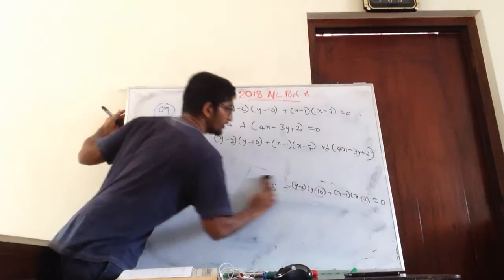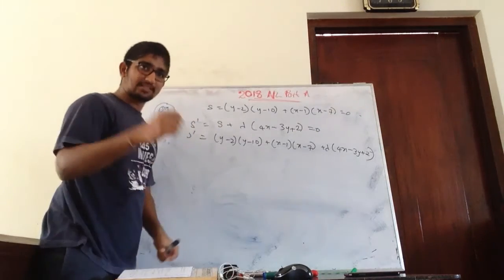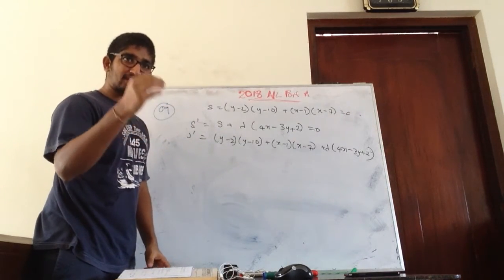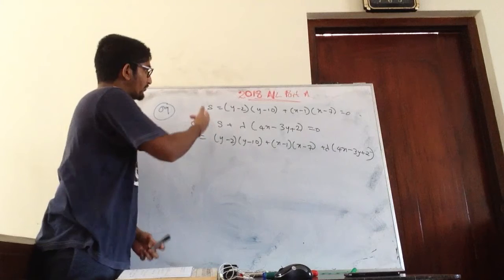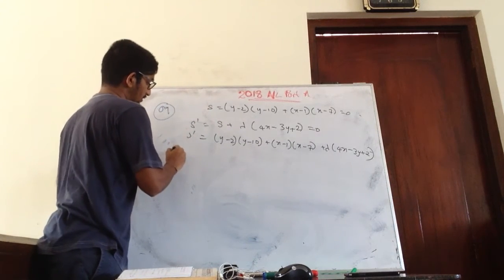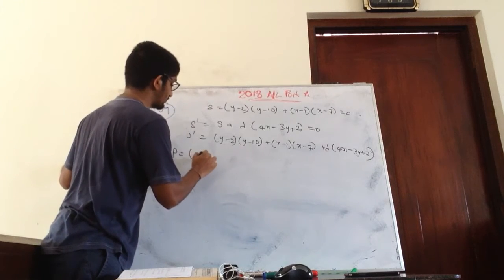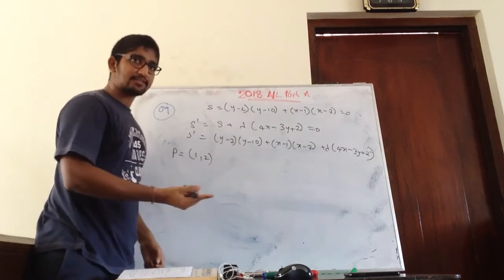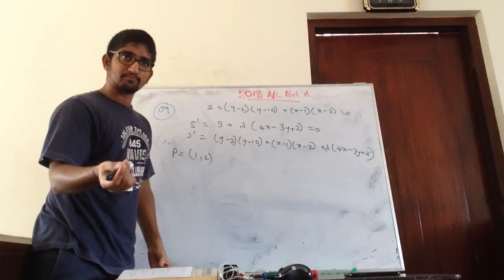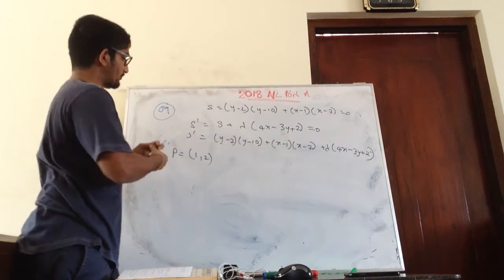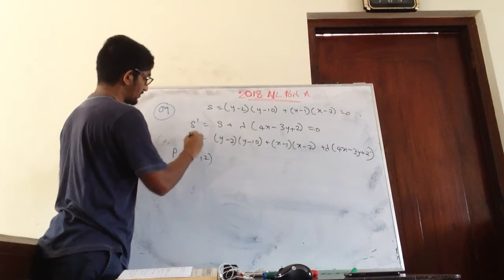Right. Now they are saying show that points P and Q lie on S dash equals 0. Right? So what do we need to do? We simply need to substitute the values of P, which is 1, 2, into S dash, and that will become 0. Correct? So now let's do that.